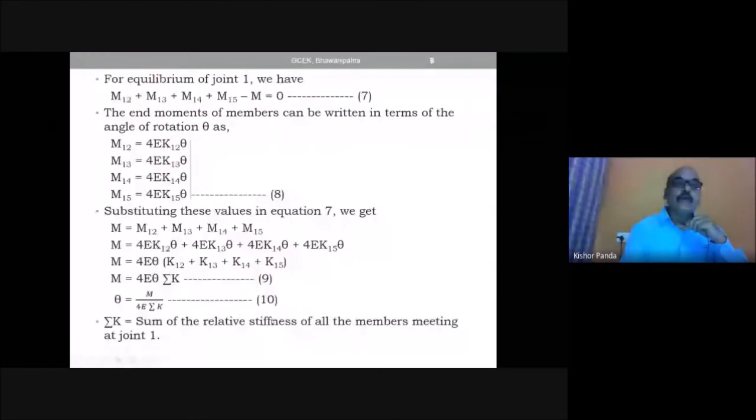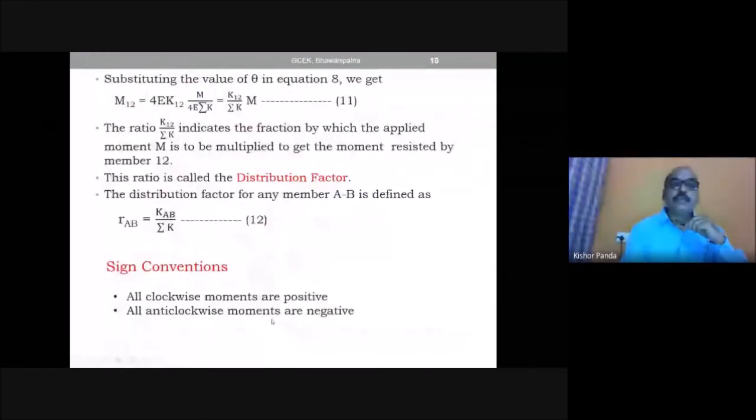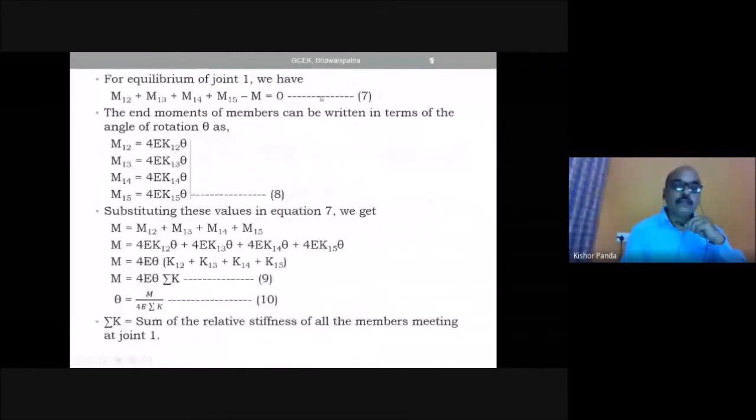So then substituting the value of θ in equation 8, we get. So here you see, this is the θ value you got here. Then you put this θ here in equation 8. Put the value of θ from equation 10 in equation 8.